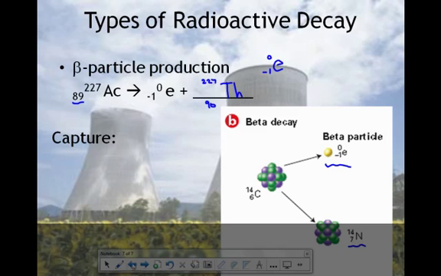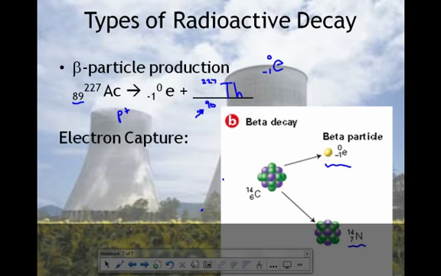But the electron did not come from the orbitals where electrons are generally stored. And look here, we got this atomic number to go up, even though we didn't add a proton to this side. So what's going on?